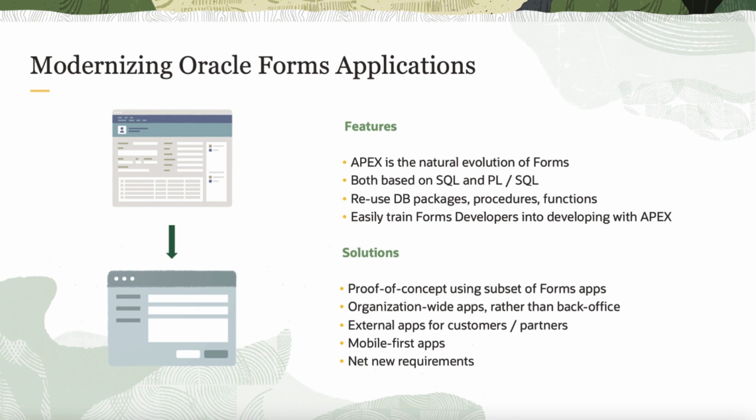You can build proof of concept using a subset of Forms applications. And you can build organization-wide applications rather than back office applications. With the Universal Theme in Apex, you can build modern, beautiful, web-based external applications for customers and partners.